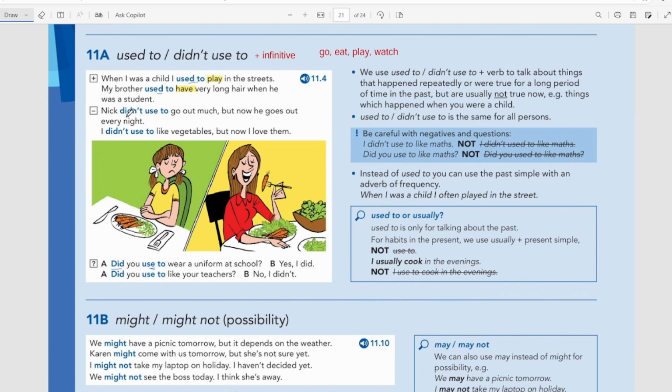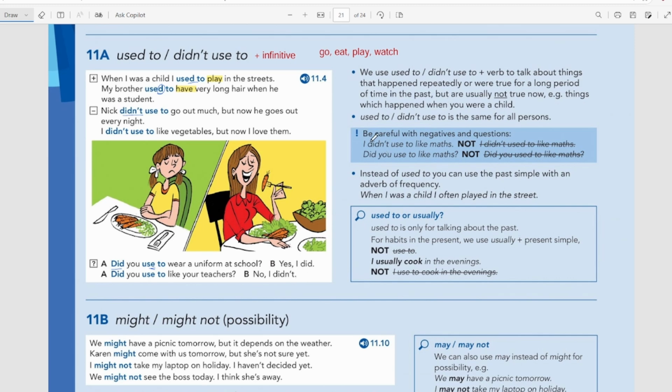As soon as I apply didn't or did, this D has to be removed. And it's the same rule in past simple anyway. So, did you use to wear uniform at school? Yes, I did. Did you use to like your teachers? No, I didn't. Because we're giving the question with did, the answer also will be with did. Yes, I did, or no, I didn't.